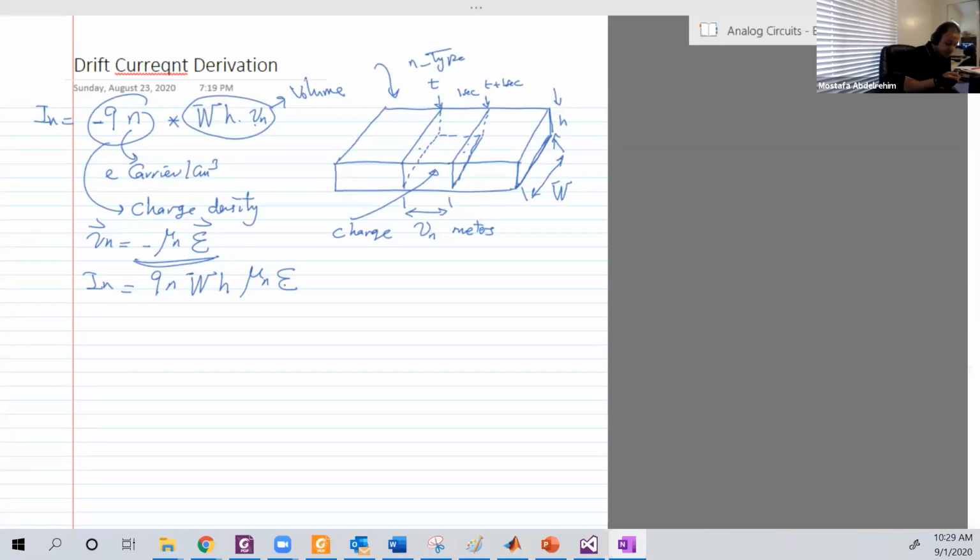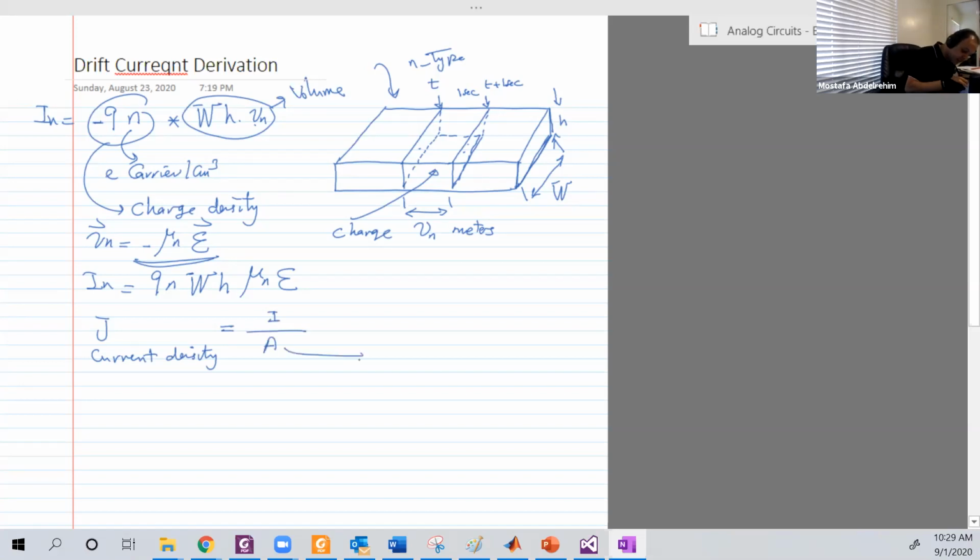So this is, by the way, very specific to this example because we assume the geometry has this shape, but the geometry may be cylindrical, for example. You don't know the geometry, so you want something that doesn't depend on the geometry. So let's normalize this by using the current density, J. We know that the current density is always equal to the current itself divided by the cross-section area.